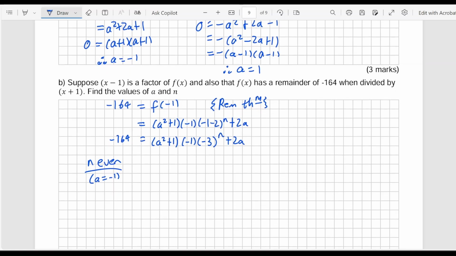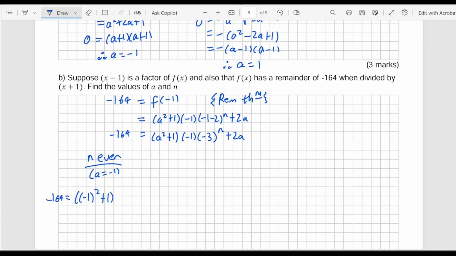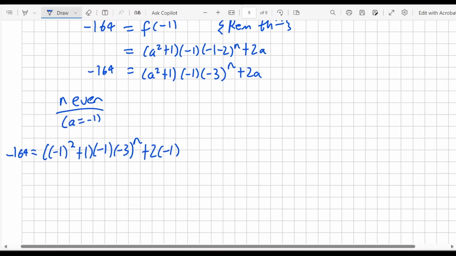So we're going to get -1 squared, because that's the a value, plus 1. -164 equals -1 squared plus 1 times -1 times -3 to the power of n plus 2 lots of -1. And we can sort of just work with this.